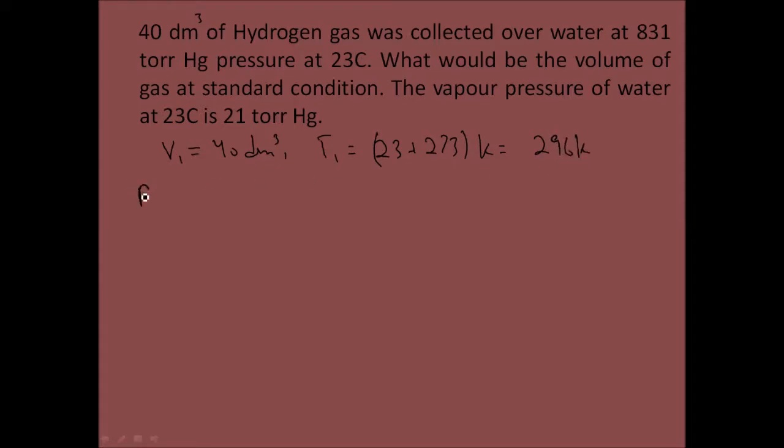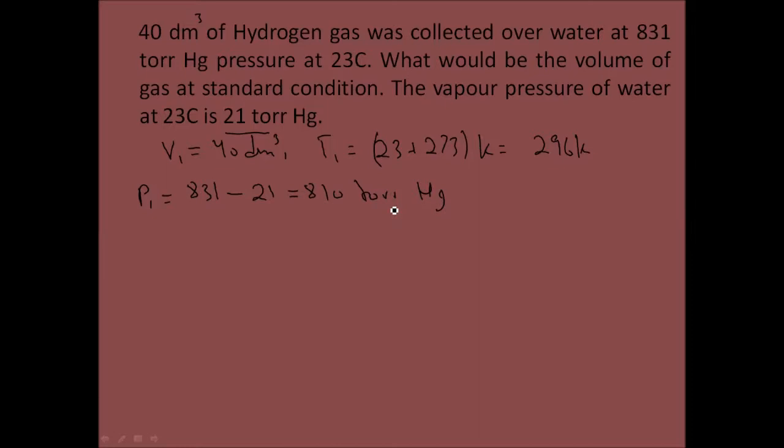Now the pressure: it is given as 831 torr, but the pressure of water should be subtracted because we need only the pressure of hydrogen gas, not water. So we cancel out this water pressure, and this will be 810 torr mercury.